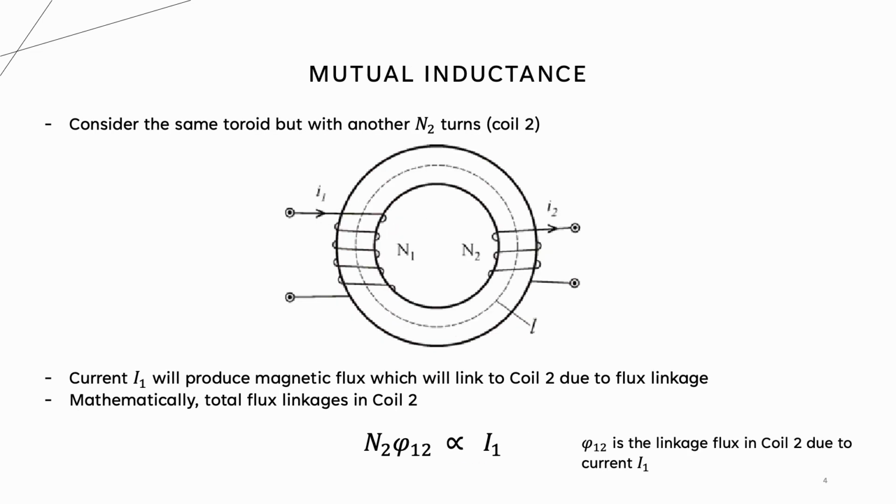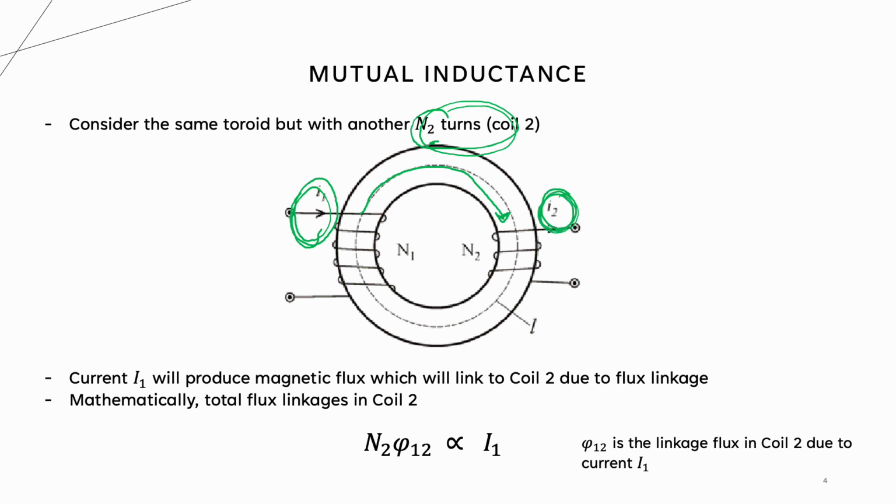So let's look at mutual inductance. It is more or less the same concept as self-inductance, but now we are considering coil number 2 and the turns at coil number 2. The flux produced at coil number 1 will be linked to coil number 2, and that flux will produce a current I2.